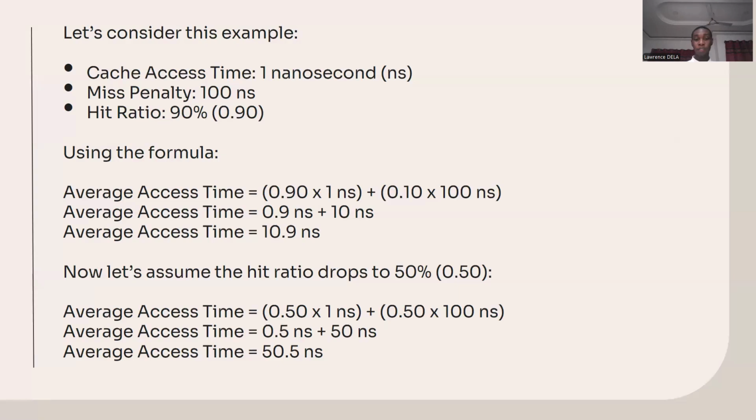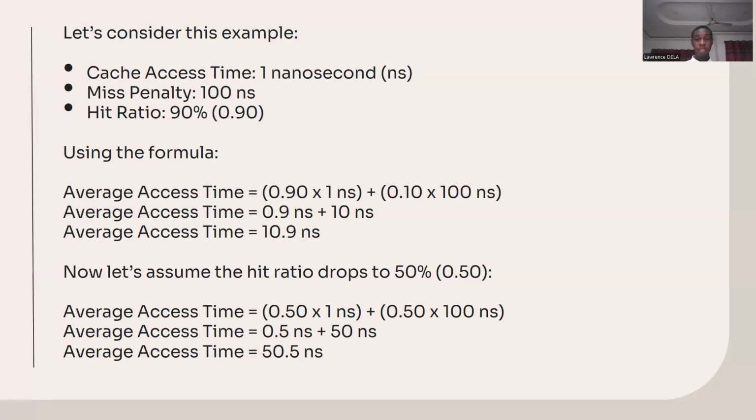Same scenario here: when we multiply 0.50 by 1, we get 0.5, and when we multiply 0.50 by 100, we get 50. So that's how we have 0.5 nanoseconds, which we are adding to 50 nanoseconds. And when we add them, we get 50.5 nanoseconds.